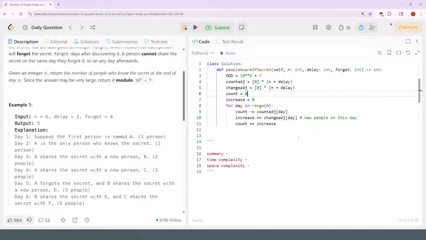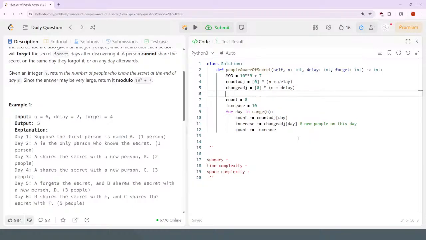So the increase should be starting at 1 maybe? No. The change adjust should start at 1. Change adjust day 0 is 1. So on the first day, there's going to be 1 adjustment in the velocity. So there's going to be 1 increase on that day. The count becomes 1.